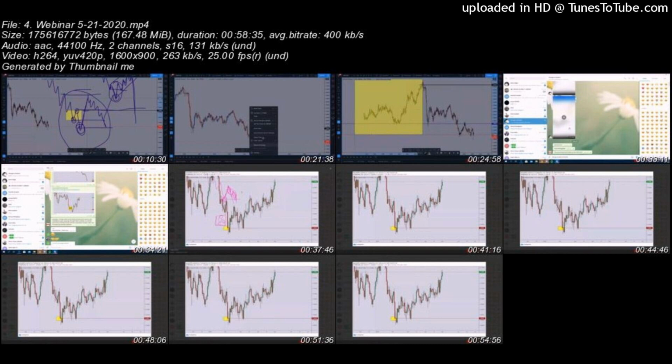Okay, so there is a way to know which one is the most credible, or the highest level to expect price to bounce, and that is essentially by looking at higher time frames. We are going to cover that as we go on when we start looking at top-down analysis.